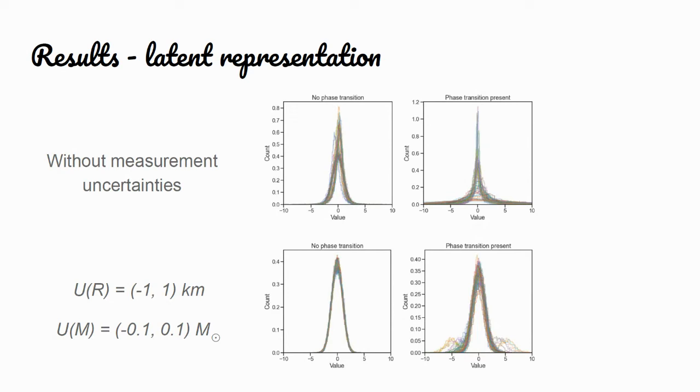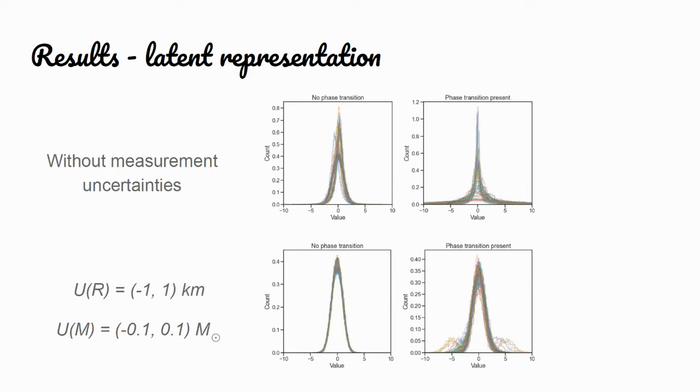As you can see, in particular for the case without measurement uncertainties, the differences are obvious. One could easily say that there is something really going on here, because those representations are totally different from this.